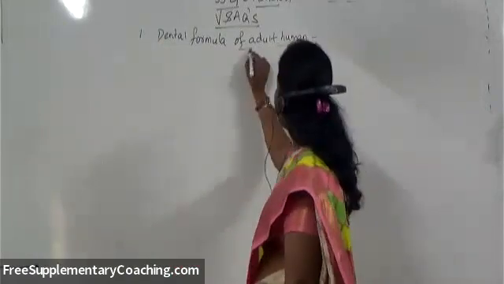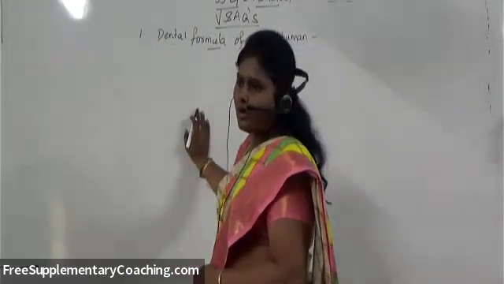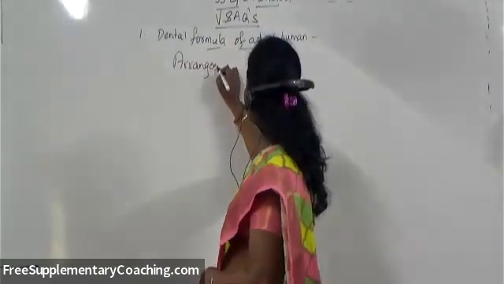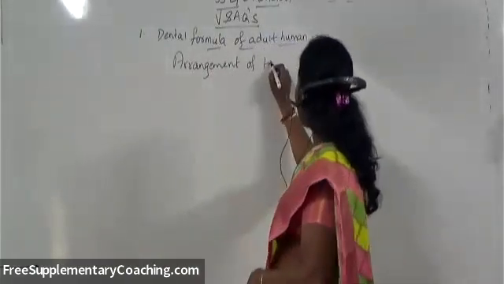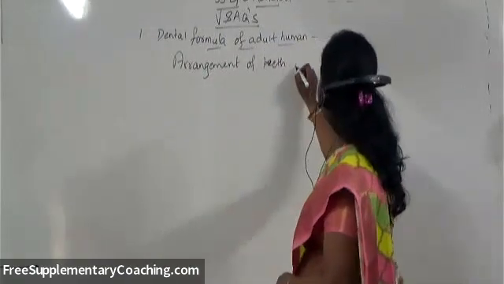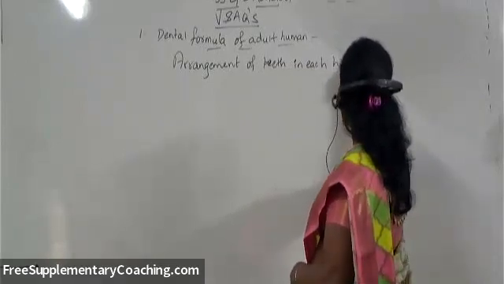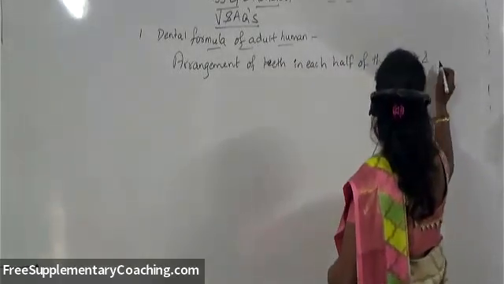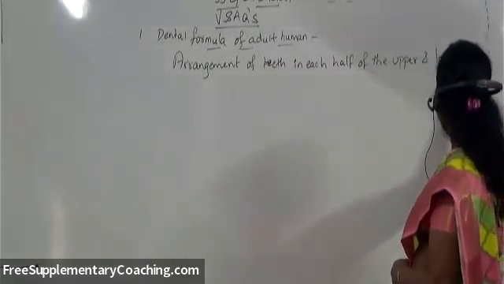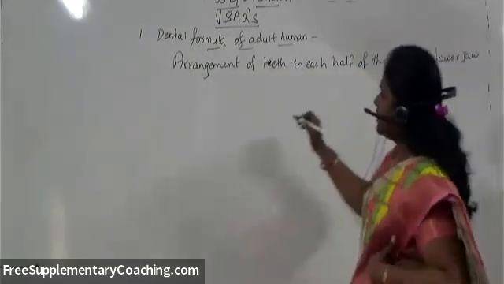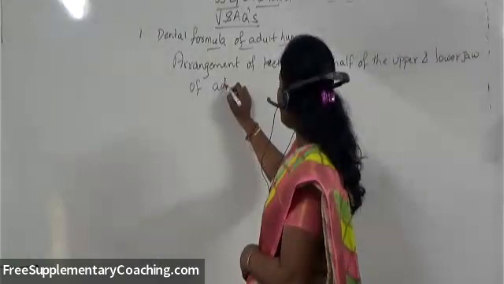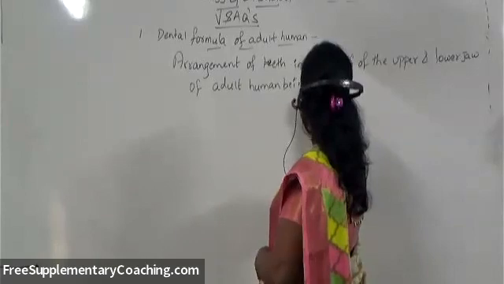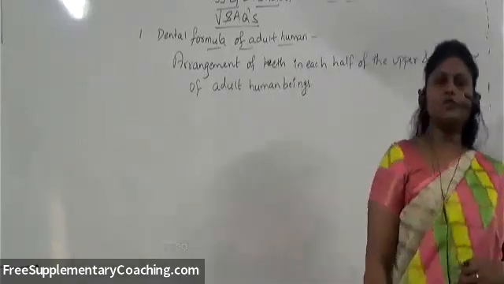Dental formula means the arrangement of teeth in each half of the upper and lower jaw of adult human beings. So first of all, you should write the definition.